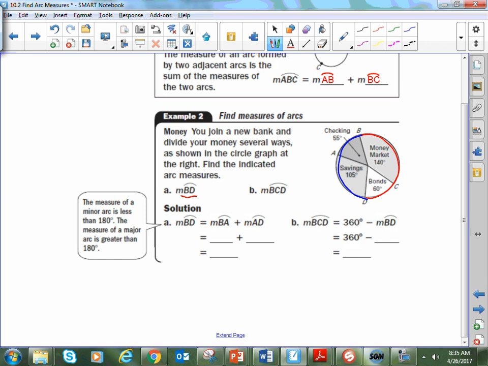Because if I go from B to D in either direction, I have to go through an ancillary point, either point C if I take the red route, or point A if I take the blue route. So which one do I take?